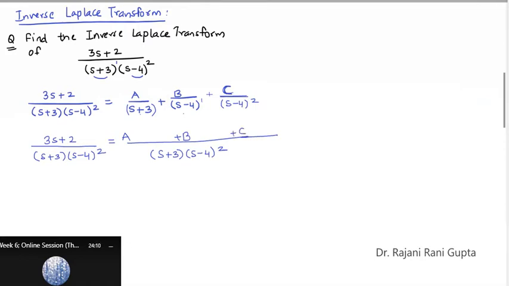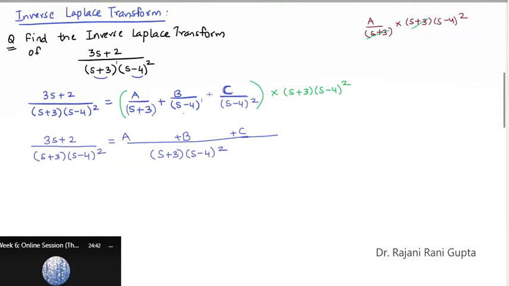As I explained last time, to do that we multiply this entire term with the denominator, (s plus 3)(s minus 4) power 2. So when we multiply A over s plus 3 with (s plus 3)(s minus 4) power 2, what will happen?